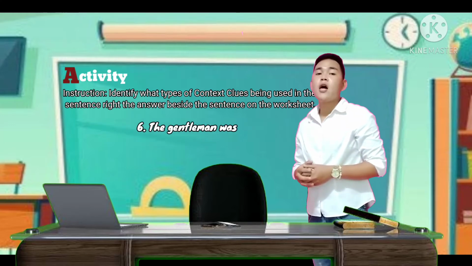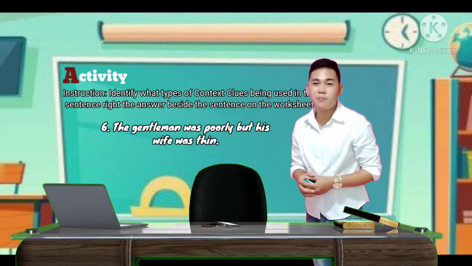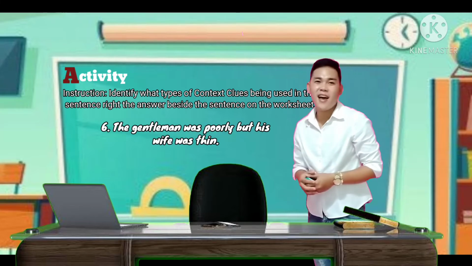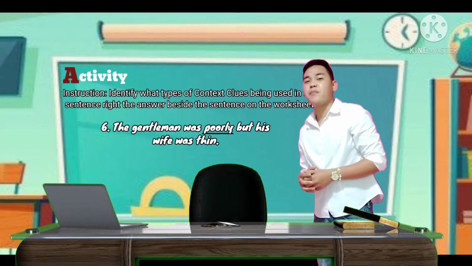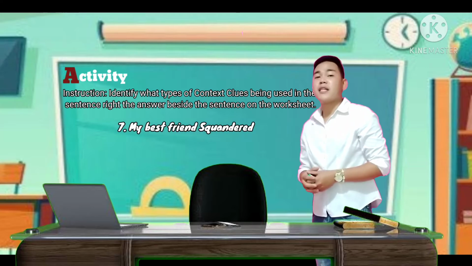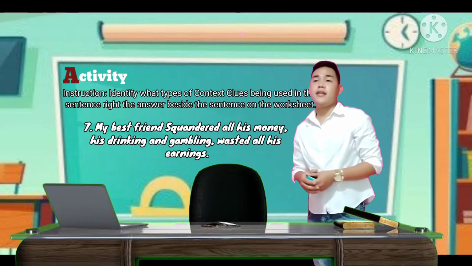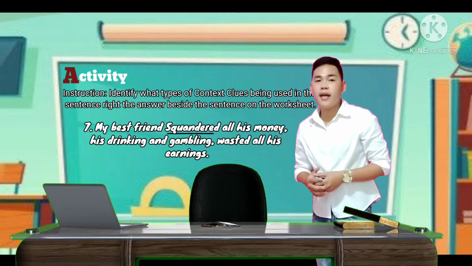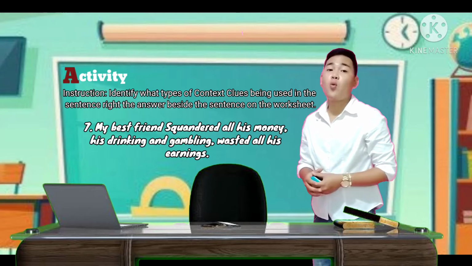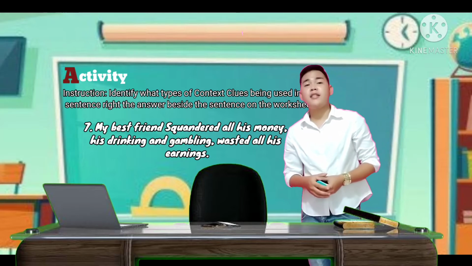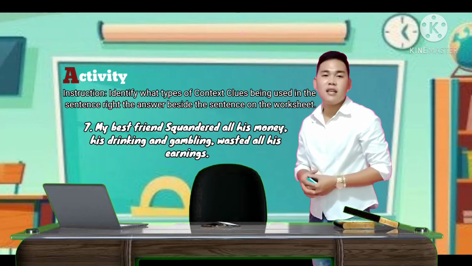So number 6, the gentleman was poorly, but his wife is thin. Do you think the gentleman was poorly and his wife was thin? So number 7, my best friend squandered all his money. His drinking and gambling wasted all his money.